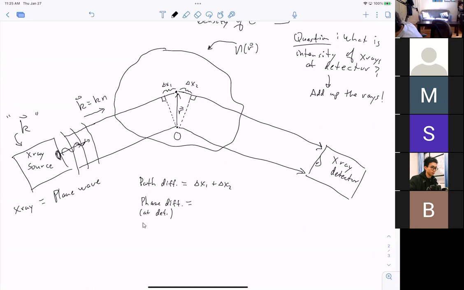I'm going to call the direction n hat. So n hat is a unit vector pointing in the direction of the incident X-rays. I'll call it the incident wave.